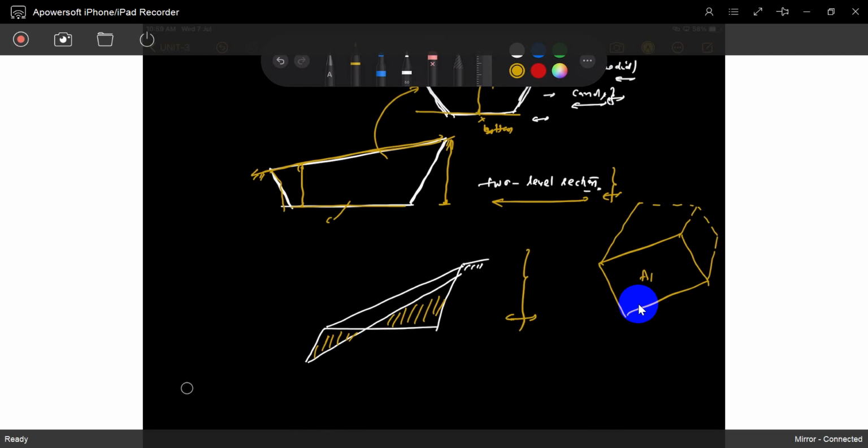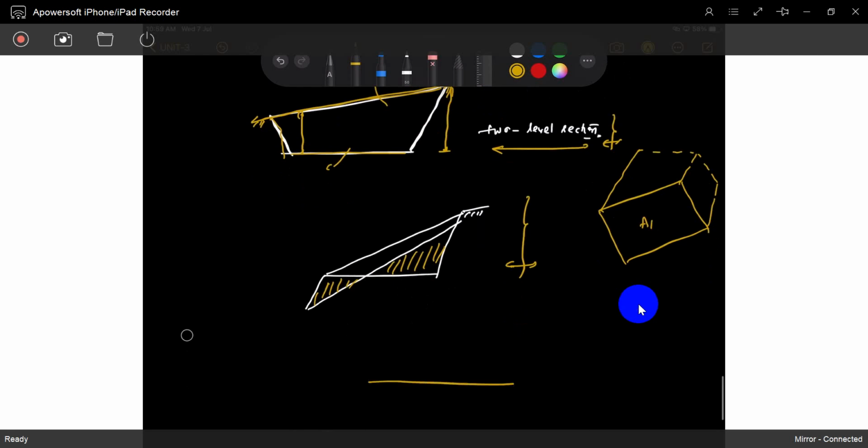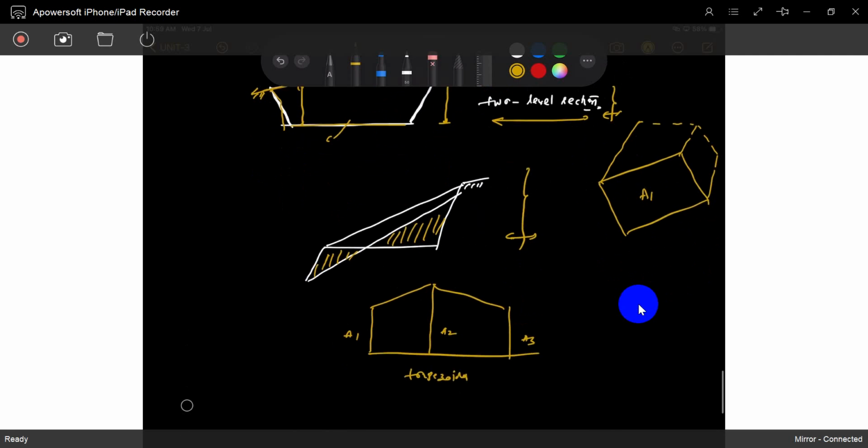the volume. So if you see, this is the area of A1, this is the area of A2, this is the area of A3. So like this, you have to find out the total volume. How can you? Same again, trapezoidal rule, Simpson rule. Understood?